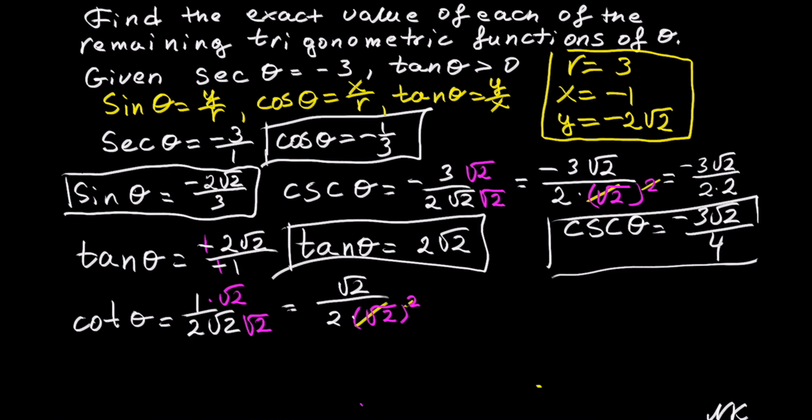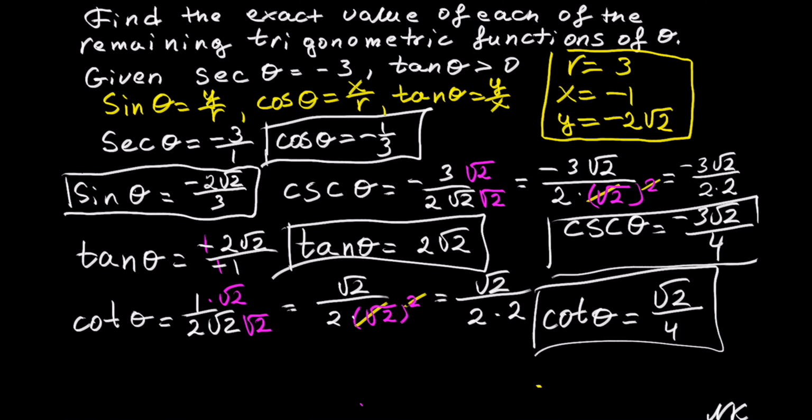Square root and the second power will cancel. This will result in radical 2 in the numerator out of 2 times 2. And we get cotangent of theta is equal to radical 2 out of 4. And this is our solution for cotangent of theta. That's all.